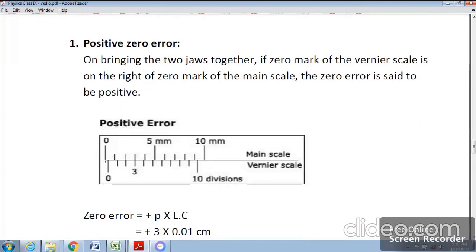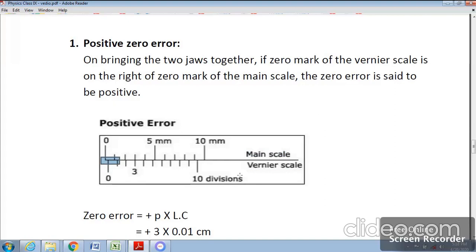Very first, we will discuss positive zero error. When on bringing the two jaws together, the zero mark of the main scale and the zero mark of the vernier scale do not coincide, that means the zero mark of the vernier scale is towards the right of the zero mark of the main scale.